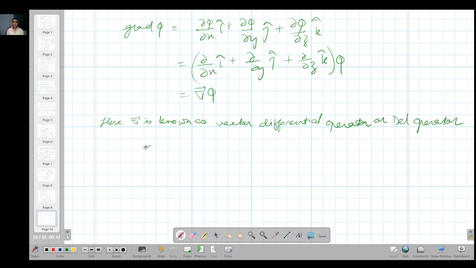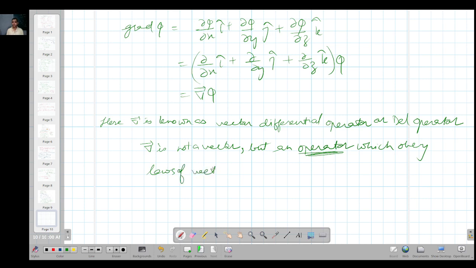So here del is not a vector, it's not a vector but an operator which obeys laws of vectors. So that means today we have defined a new quantity that is basically an operator and which obeys the laws of vectors, right? So that's it for the gradient of some function or some scalar field, right? So that's it.